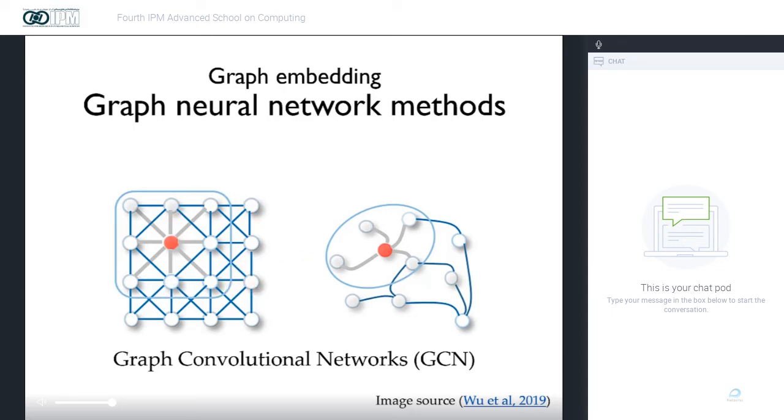And usually different techniques in GCN differ in the way they aggregate the neighboring embeddings. Either they take the element-wise mean, or they take the average, etc. And this process is kind of familiar from convolutional neural networks, CNNs, and for the same reason, this technique is called graph convolutional networks.